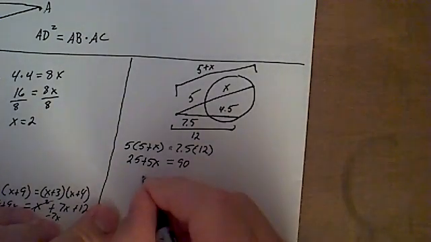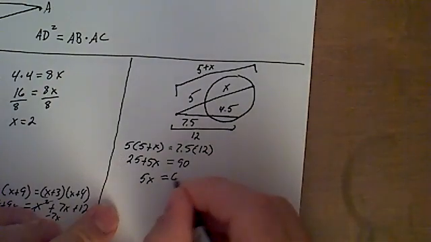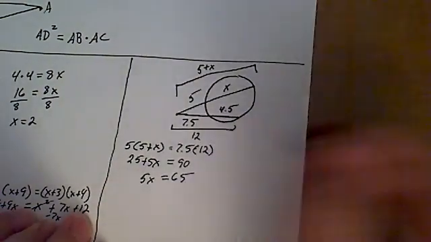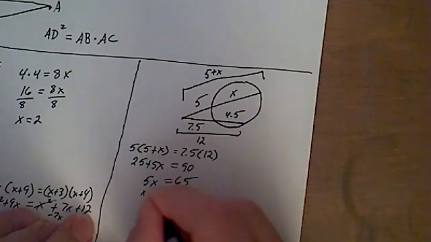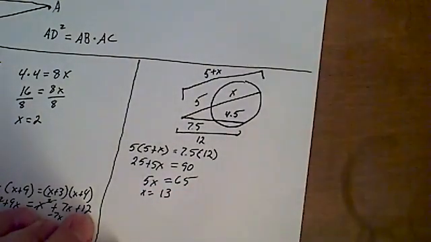Subtract 25 from both sides: 65. Divide both sides by 5. X is 13.